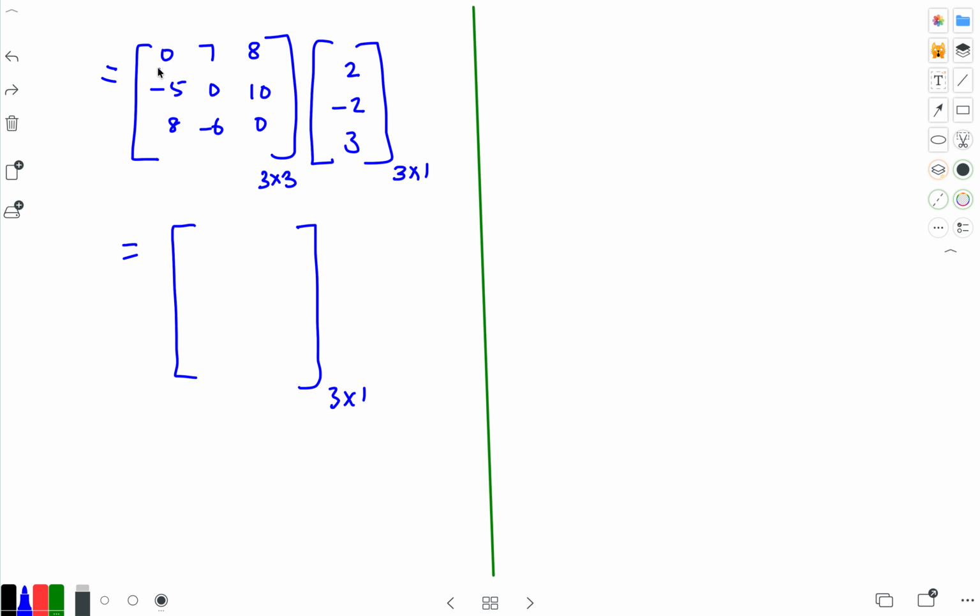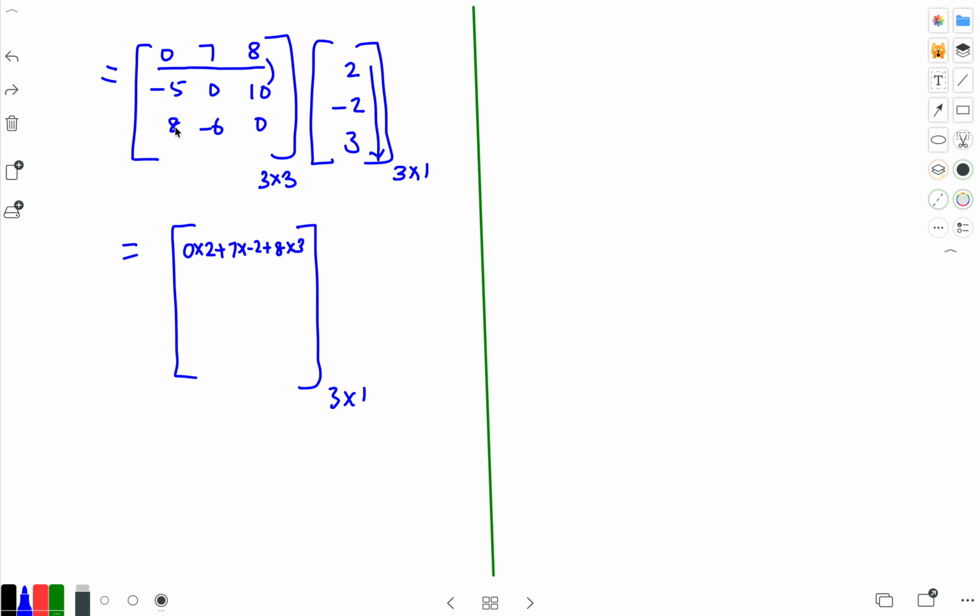Sum of the product of the rows with the column. Here, first row with the first column: 0 into 2 plus 7 into minus 2 plus 8 into 3.